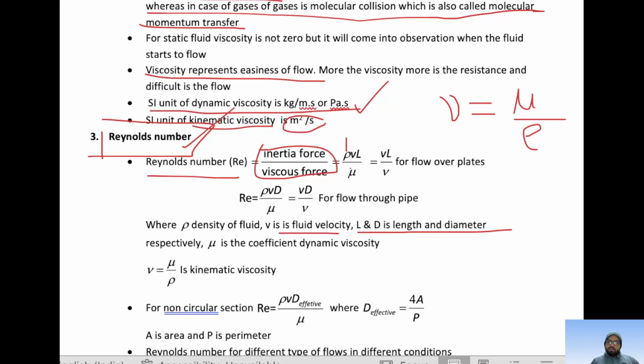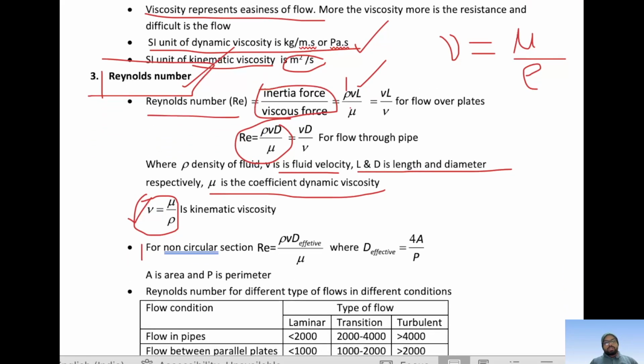In the case of flow over a plate, we use length, and in the case of flow through a pipe, we use D, the diameter of the pipe, and mu is called the coefficient of dynamic viscosity. Sometimes instead of mu, we are given nu, the kinematic viscosity, defined as dynamic viscosity upon the density of the fluid flowing in the pipe or over the plate.